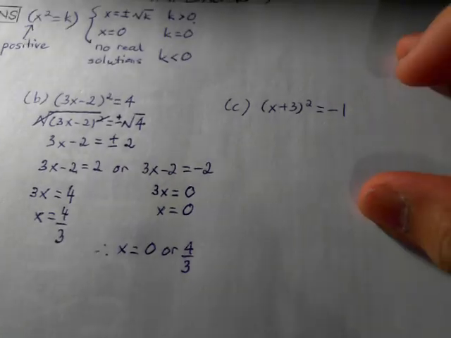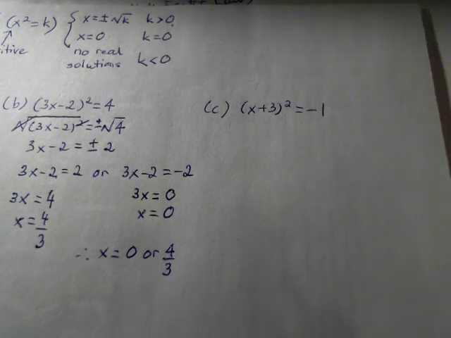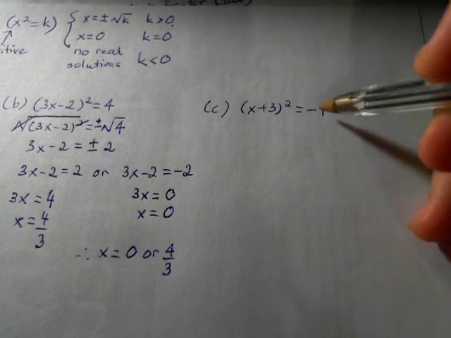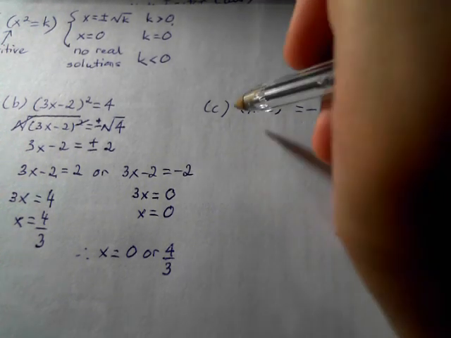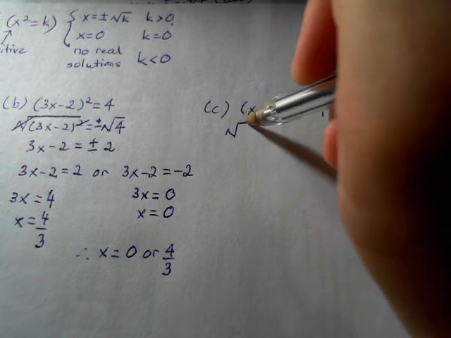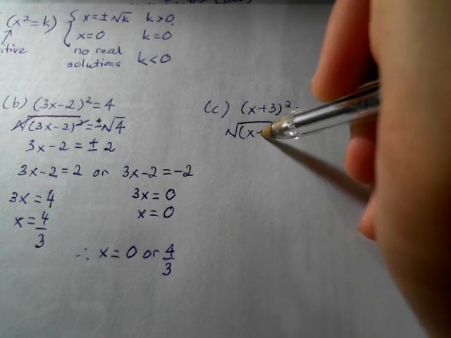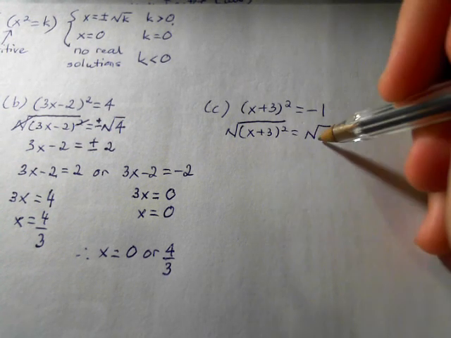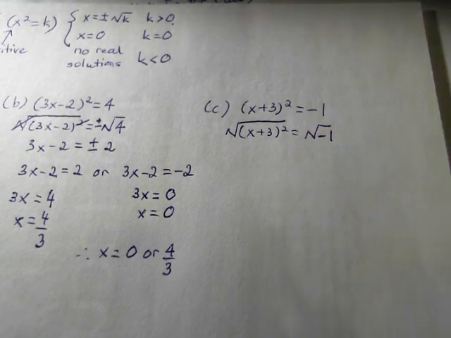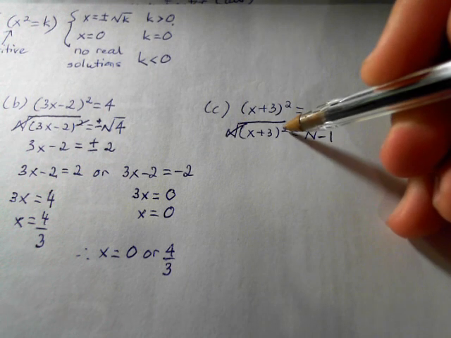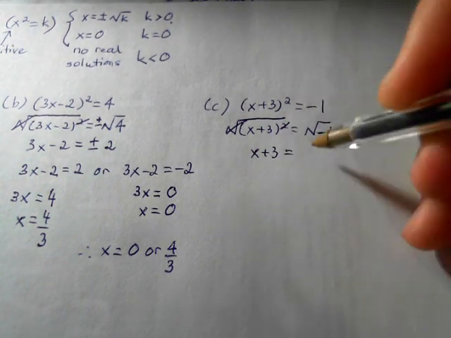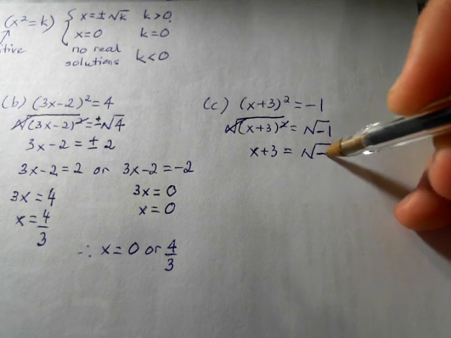Now, when we have another problem as x plus 3 squared equals minus 1, the same thing will happen. We will make sure that we square root both sides. X plus 3 equals the square root of minus 1.